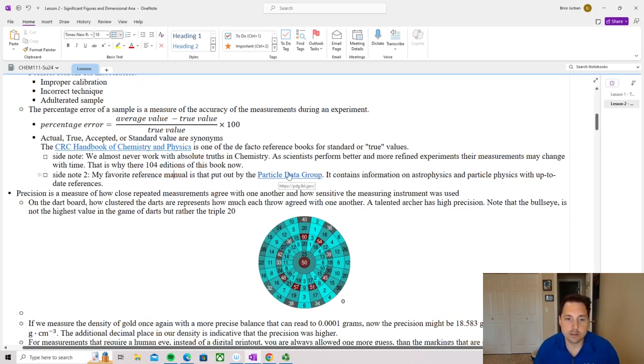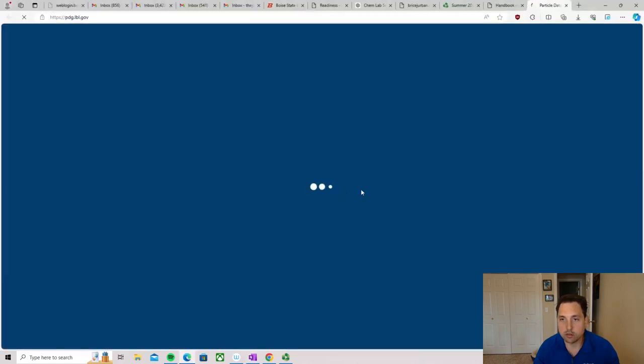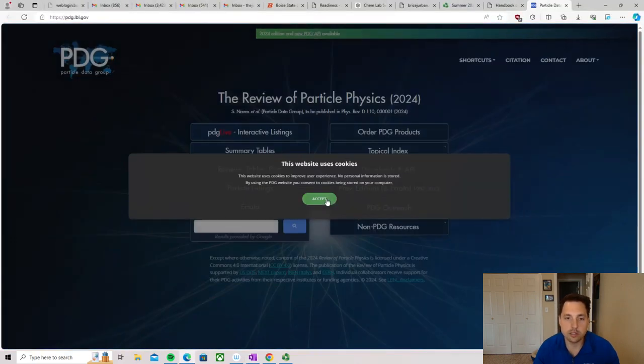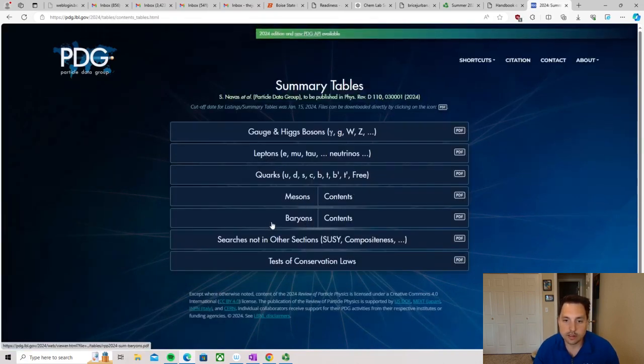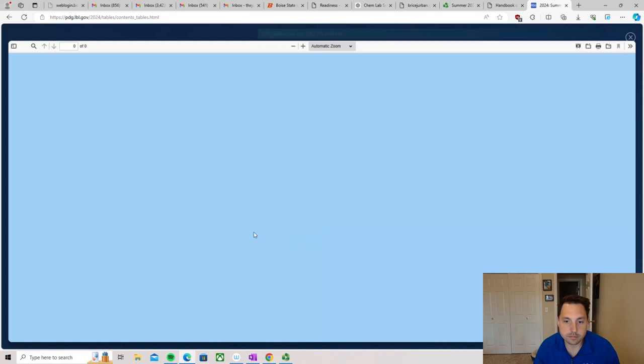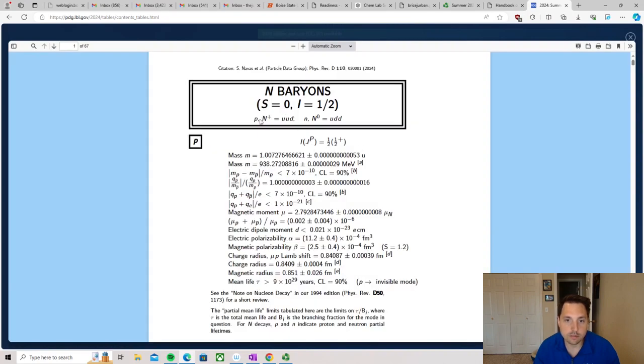You can also find other reference manuals like the Particle Data Group. This is a really interesting set of information you can find for measurements on particles. So if we're looking at the properties of a proton, which is a type of baryon, the first one that's listed here is P, that's the proton, and here are all the up-to-date properties on the proton.